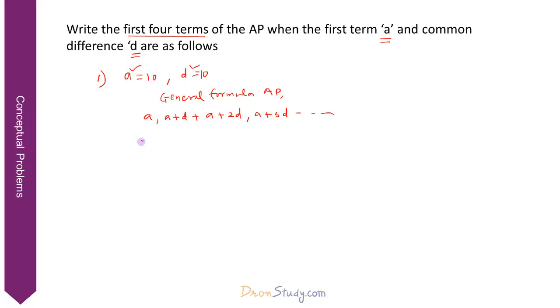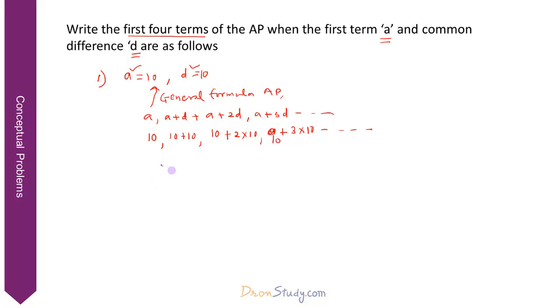So here A is the first term and it is given as 10, so it will be 10. Then the common difference is 10 and A is 10, so it will be 10 plus 10. Then A is 10 plus 2 multiplied by D, which is also 10. Then A plus 3 into 10, and so on.